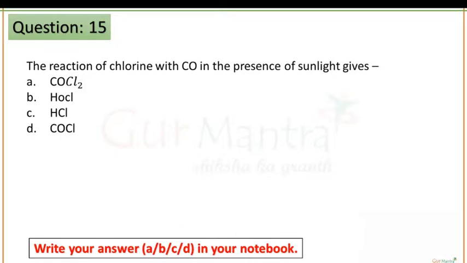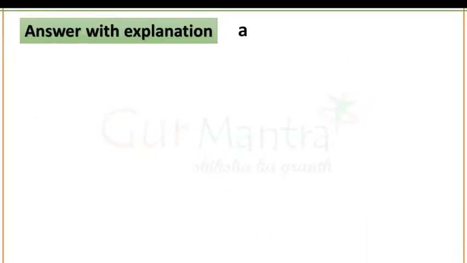When you react chlorine with CO in presence of sunlight, you will get phosgene with the chemical formula COCl2. So the correct answer is option number A.